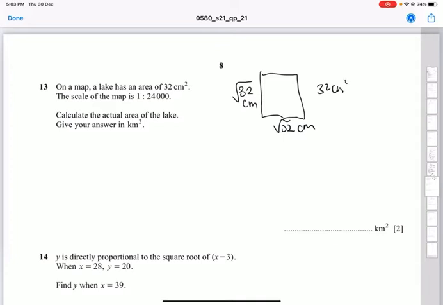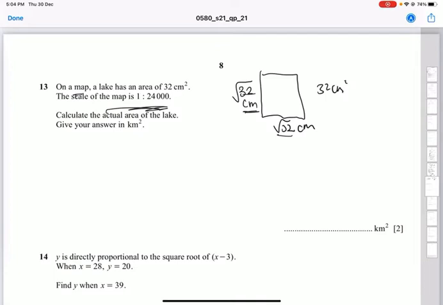That makes sense because it's very small, obviously, because it's a map. And you see the scale of the map is 1 to 224,000. So essentially the length is magnified by that number.